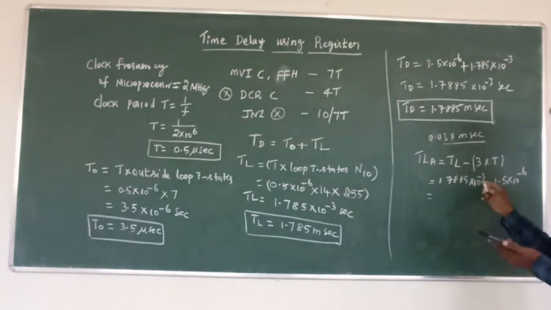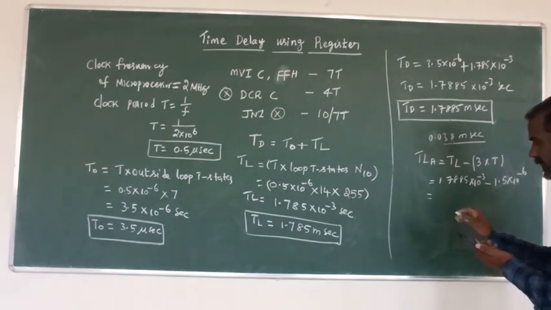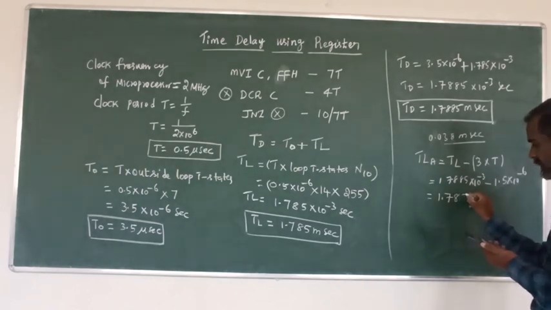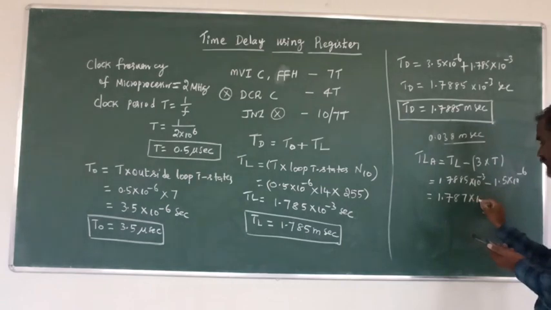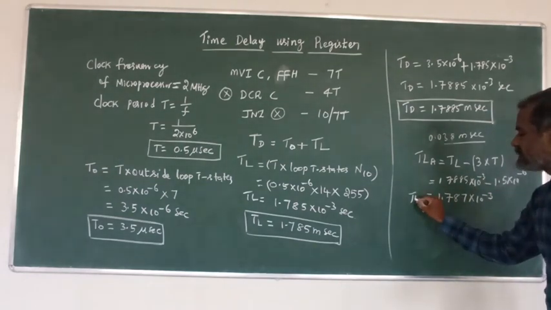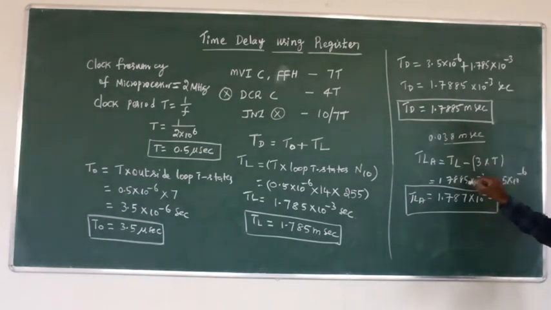Now to subtract these two, 1.7885 into 10 to the power of minus 3 minus this one, we can get 1.787 into 10 to the power of minus 3. It changes only by a minute difference. So both results are almost the same.